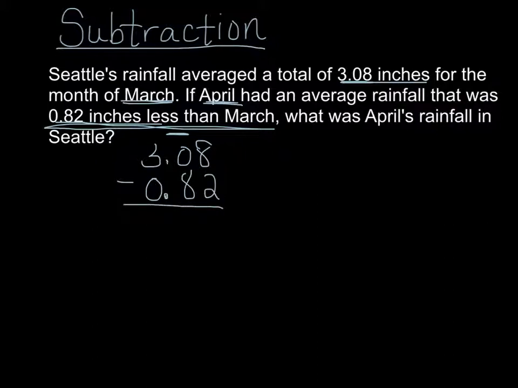And again, adding and subtracting decimals means we are lining up the decimal points. 8 minus 2 is 6. We cannot do 0 minus 8, so we need to regroup. 10 minus 8 is 2. And since we borrowed to make the 0 into a 10, our 3 will become a 2. And 2 is our whole number. So April's rainfall in Seattle was 2 and 26 hundredths inches.